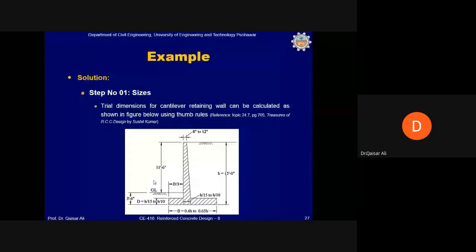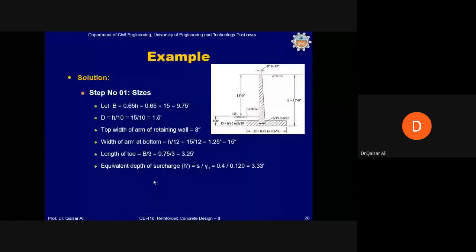Okay, so let's assume that we take the length of the base of the retaining wall equal to 0.65 h, which is 0.65 into 15, 9.75 feet. So the base of the retaining wall is 9.75 feet. The thickness of the base of the retaining wall is taken as h by 10. H by 10 is 1.5 feet.